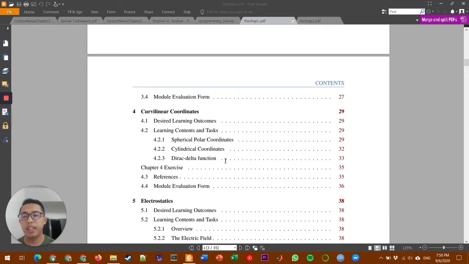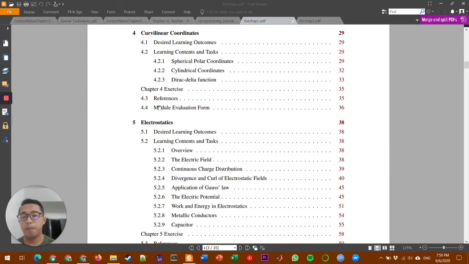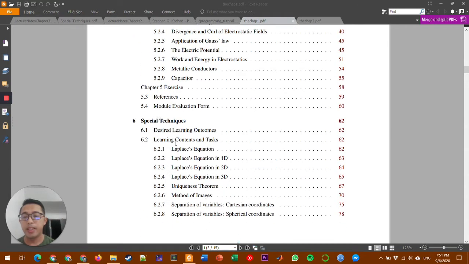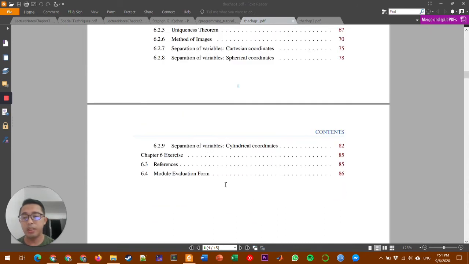And then for the final term, we will be learning the following: curvilinear coordinates, electrostatics, and then special techniques. Now, this is electromagnetism 1, the first half of the whole electromagnetism. For electromagnetism 2, which will be in the second semester, you will be learning much more on magnetostatics.